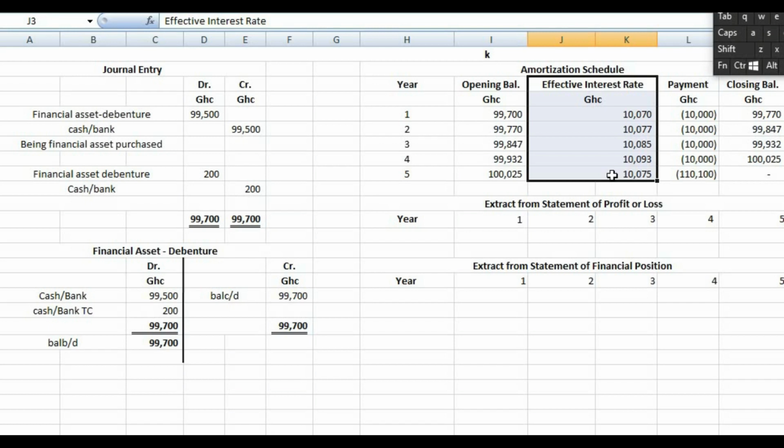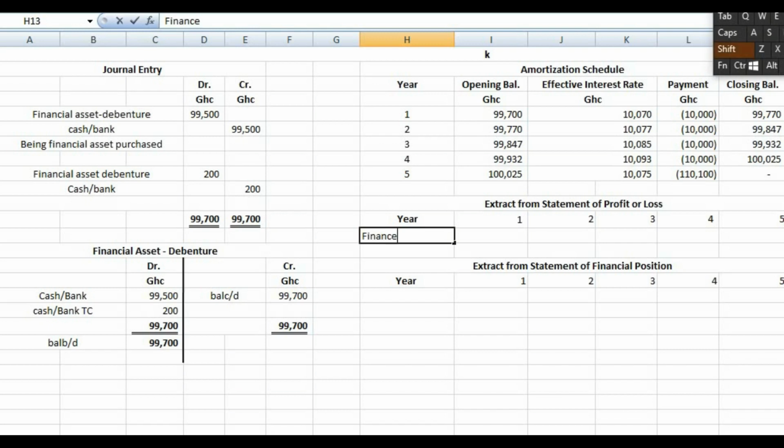So we are going to show interest received, okay, or finance income. Right? So finance income will be the best. So finance income.